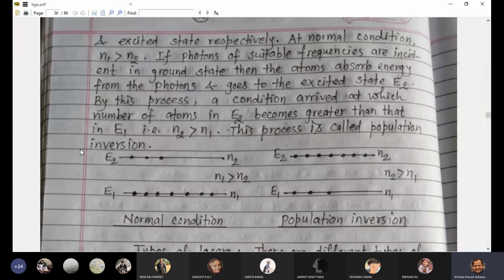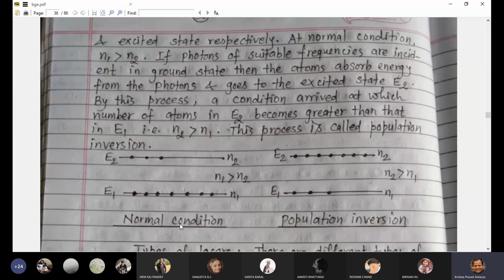Now, when photons are incident on the ground state atoms, they absorb energy and are pumped to the excited state. And a condition arrives at which the number of atoms in the excited state, that is N2, becomes greater than the number of atoms in the ground state. Here, the population is just inverted.